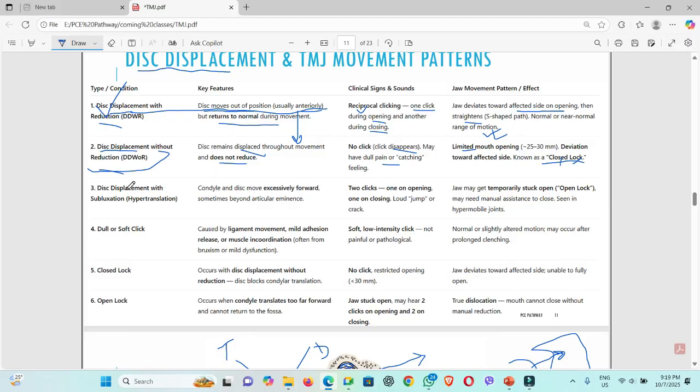Third is now disc displacement with subluxation. Now the condyle and disc move excessively forward, sometimes beyond the articular eminence. So two clicks, one on opening, one on closing.